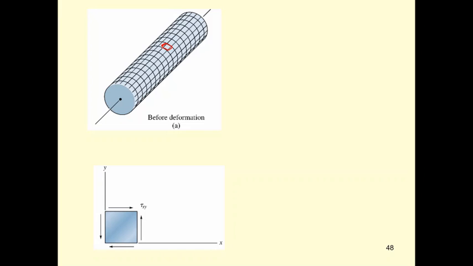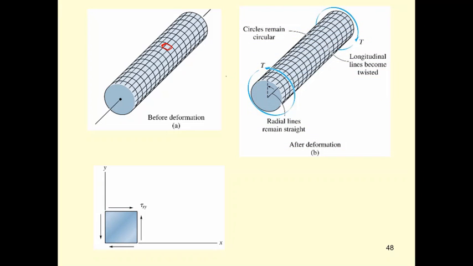element on the surface of the shaft, and under the torsion, that element will change its shape. Usually at the start, this portion is rectangular, it is pi over 2 radian, and then after that the angle inside it changes.